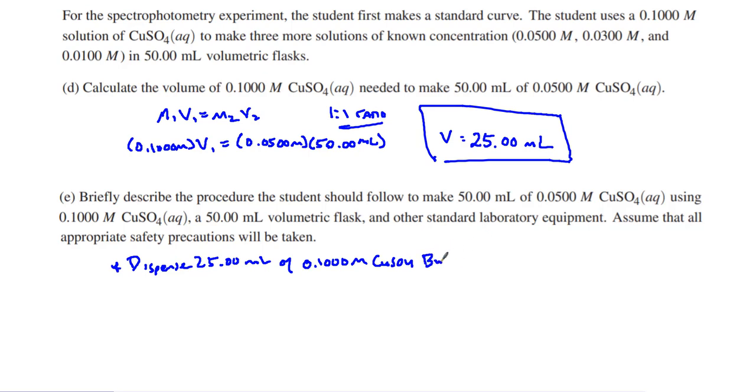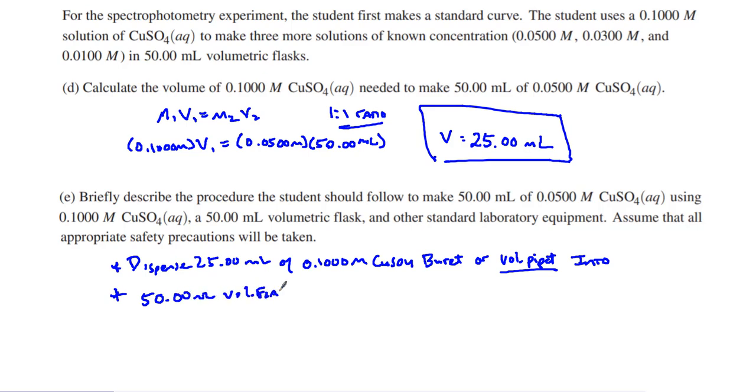Using something like a burette would be really nice, or you could use a volumetric pipette. A volumetric pipette is really nice because we can get exactly the 25.00 milliliters. It's beautiful, and we want to dispense that into my 50.00 milliliter volumetric flask.